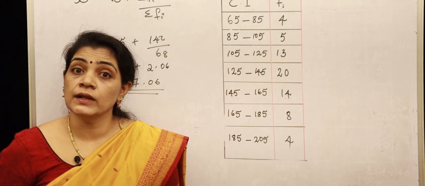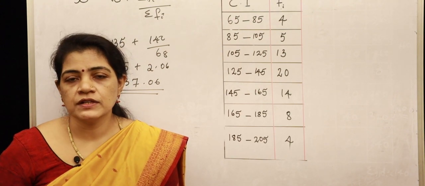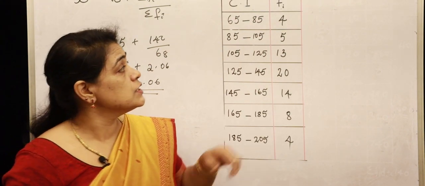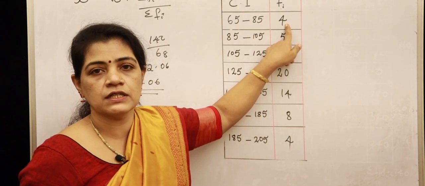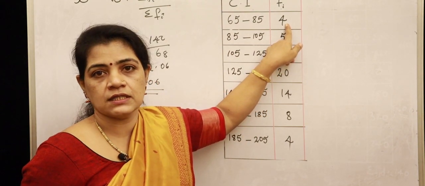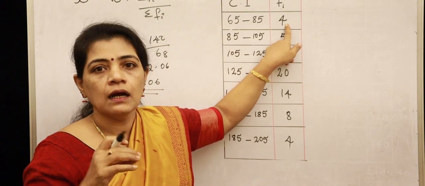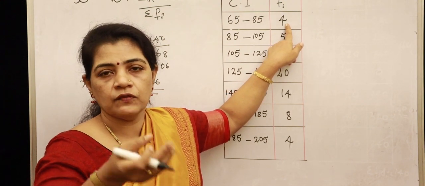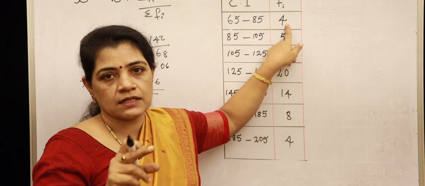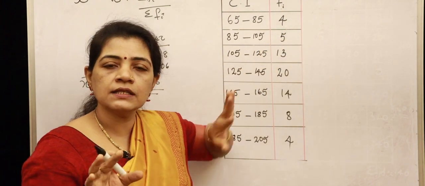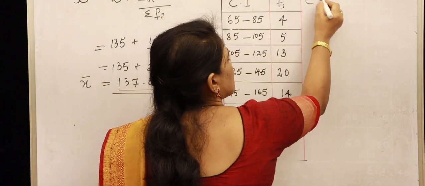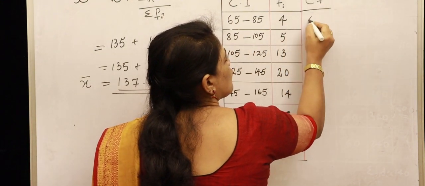How to get the cumulative frequency? Cumulative frequency is nothing but adding the cumulative frequency of the previous entry. The first frequency, 4, will be the frequency itself. We add the previous frequency to the frequency of that class interval in order to get the CF. Being the first entry, this CF will be the same, that means 4.